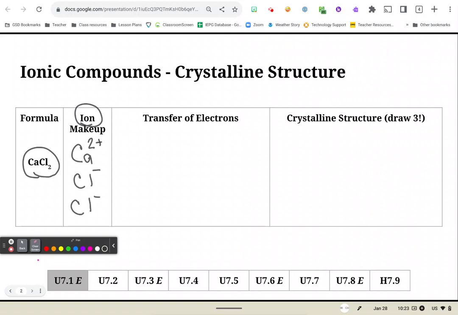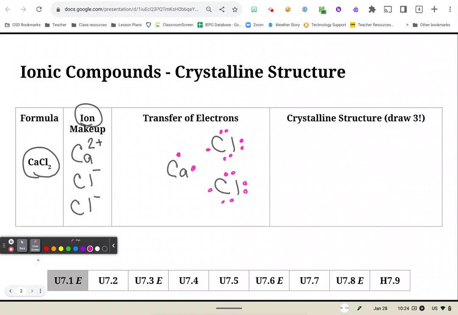Transfer of electrons. I have 1 calcium, 2 chlorides. All right. Valence electrons. Calcium has 2 valence electrons. That's why it's going to form a 2 plus, because it will lose both of those to become stable. Again, half of chemistry is things want to become stable. Then I have my chlorides. Each one of them has 7 valence electrons.